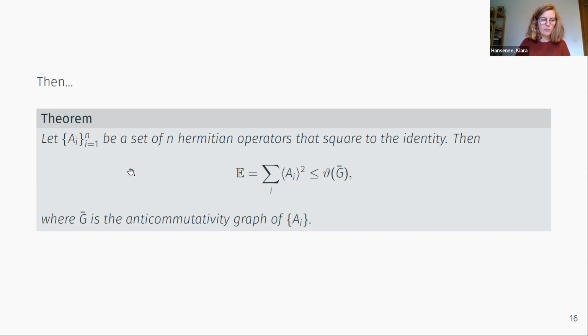So I'm going to just say that again. If we have a set of Hermitian operators squaring to identity, and you sum the square of the expectation values on some given quantum state, then you cannot go higher than the Lovász number of the anti-commutativity graph of the set of observables you had.